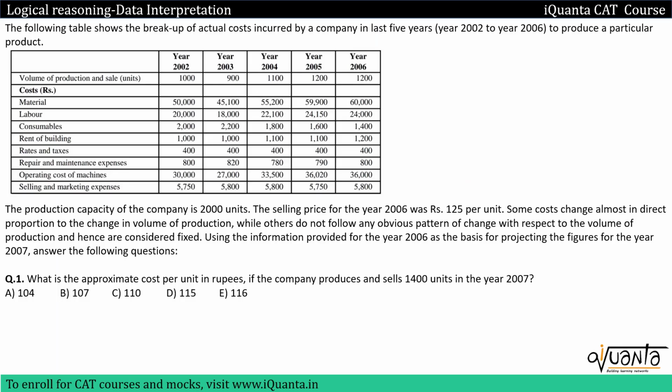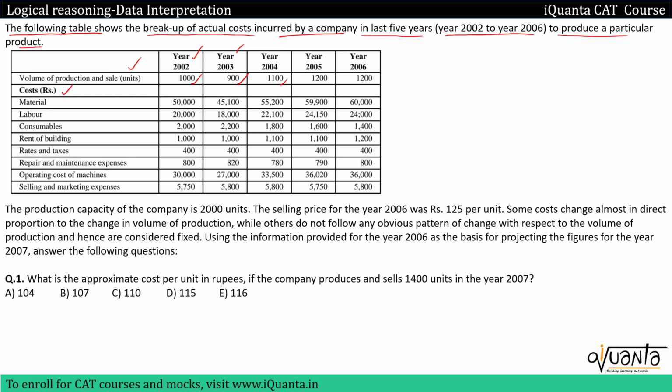So the question is, the following table shows the breakup of actual cost incurred by a company in last 5 years, year 2002 to 2006, to produce a particular product. So we have a table over here in which we have years mentioned, year 2002, 3, 4, 5, 6, and we have been given the volume of production and sale units. That means 1000 units are being produced in 2002, 900 in 2003, 1100 units in 2004 and so on for the rest of the years.